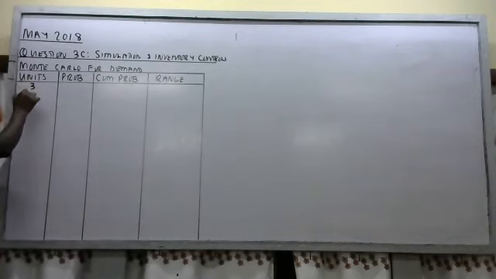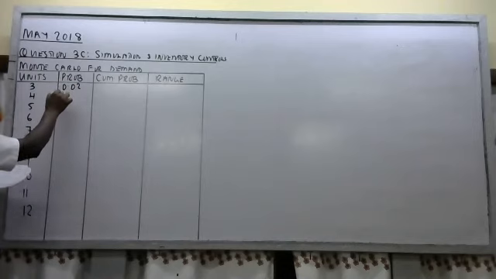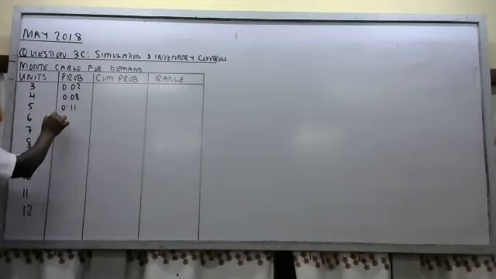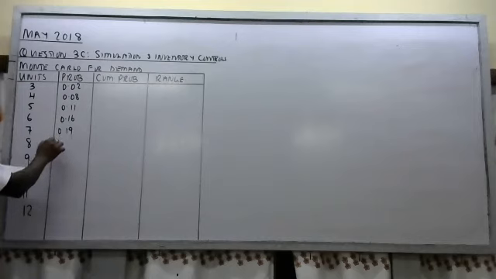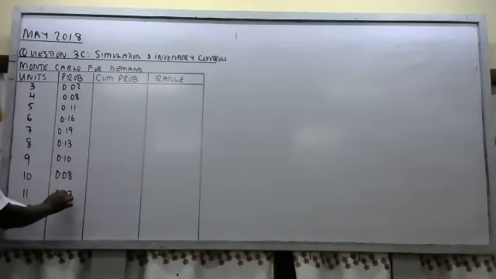So the units are 3, 4, 5, 6, 7, 8, 9, 10, 11, 12. Probabilities: 0.02, 0.08, 0.11, 0.16, 0.19, 0.13, 0.10, 0.08, 0.07, 0.06.